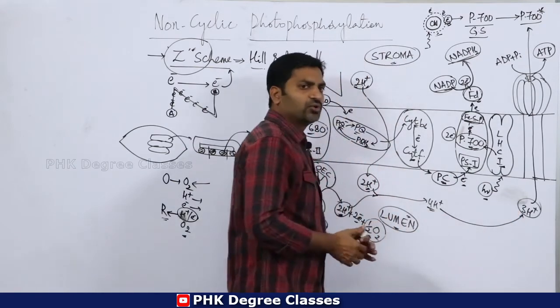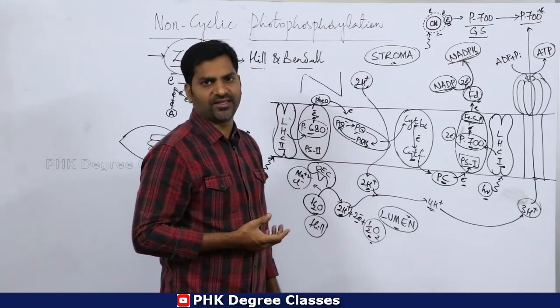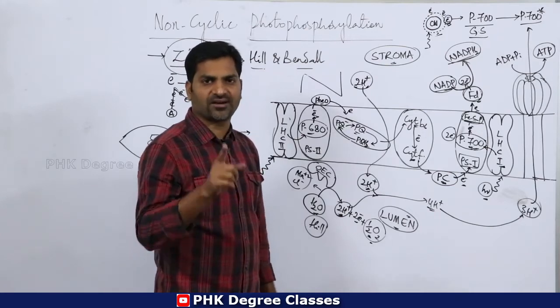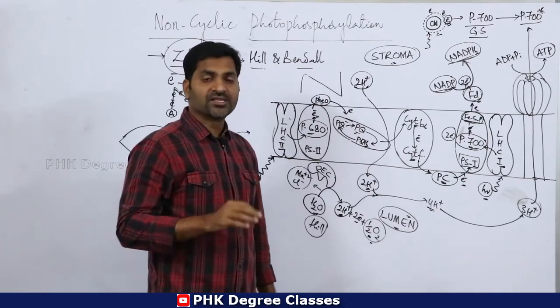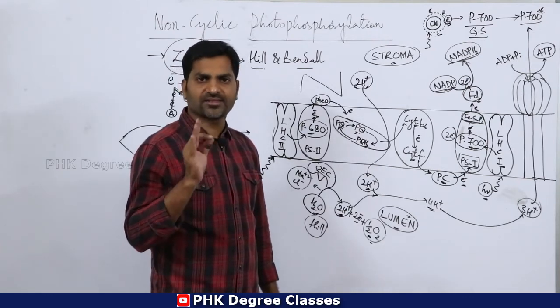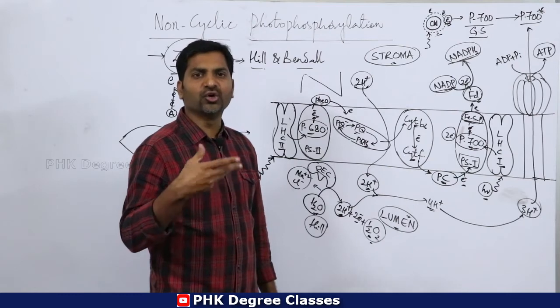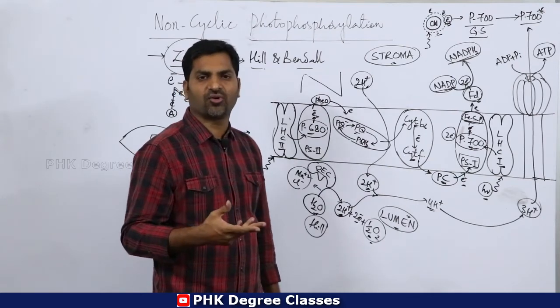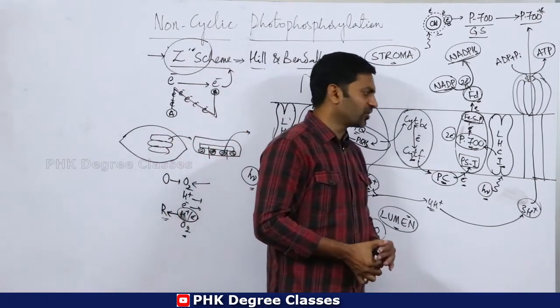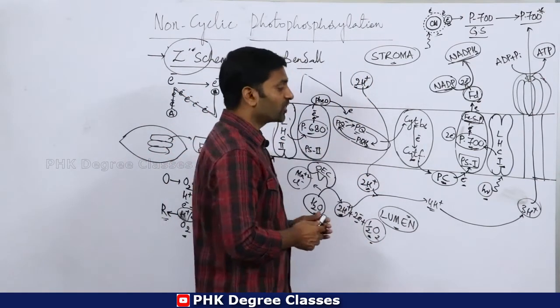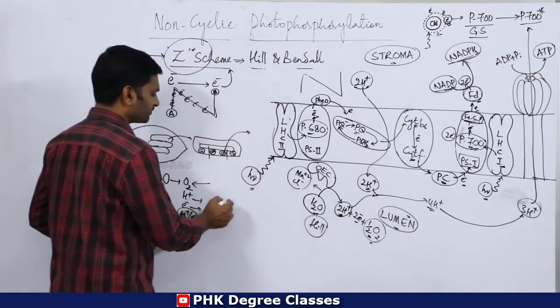Now, according to the chemiosmotic hypothesis, which I have already told you about during the electron transport system in respiration, Peter Mitchell in the year 1961 proposed a new hypothesis called the chemiosmotic hypothesis. This tells about the proton motive force, PMF.